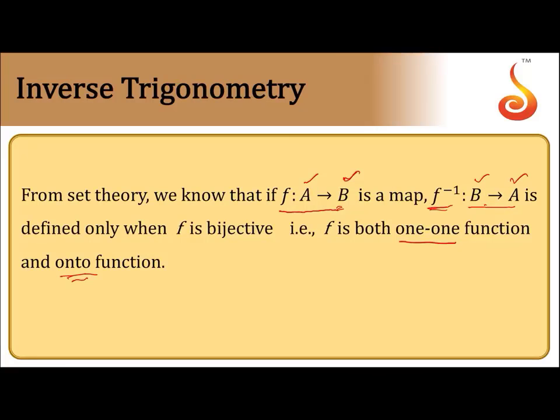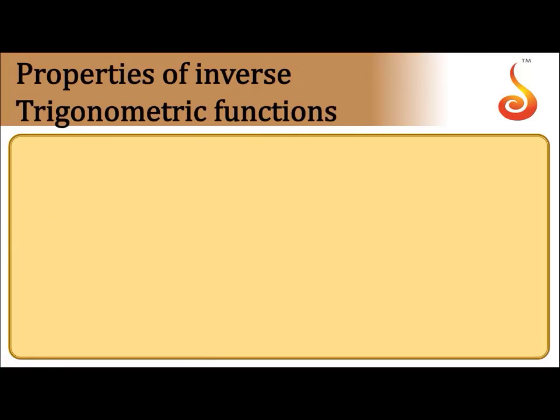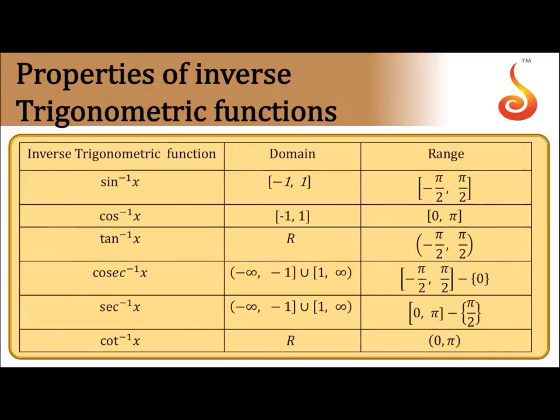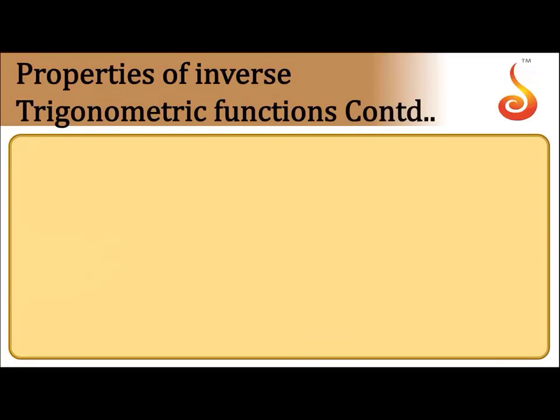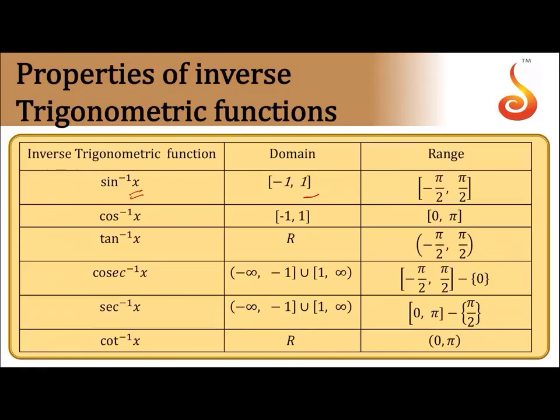That's called the inverse function. Let us consider some of the inverse trigonometric functions, and their corresponding domain and range values. Sine inverse x is a function defined on the domain closed interval minus 1 to plus 1, whose range is minus pi by 2 to plus pi by 2.